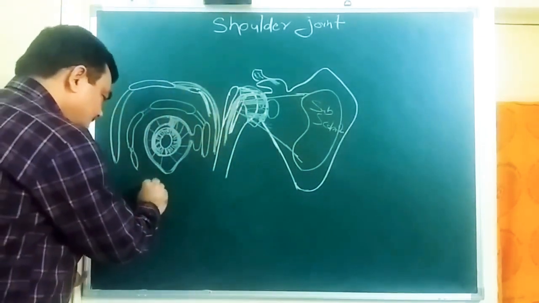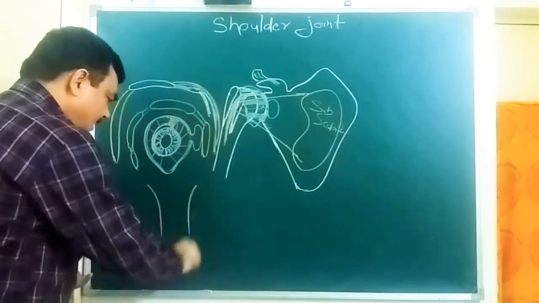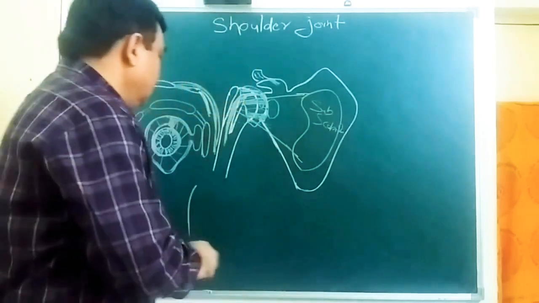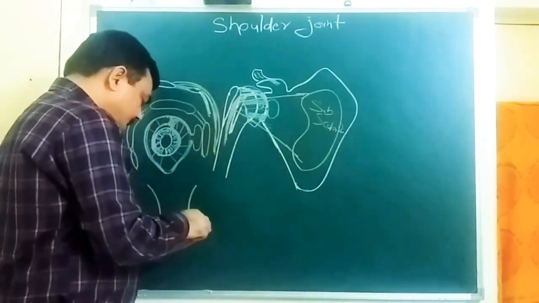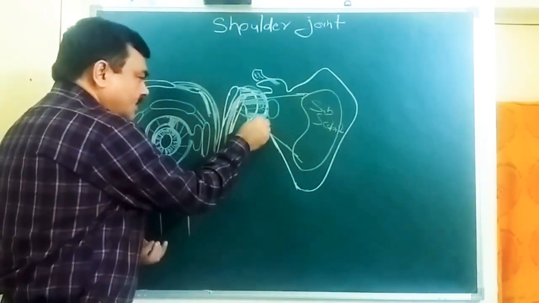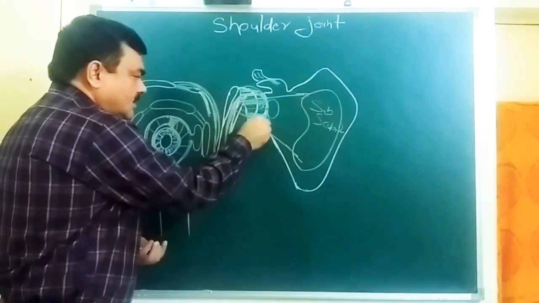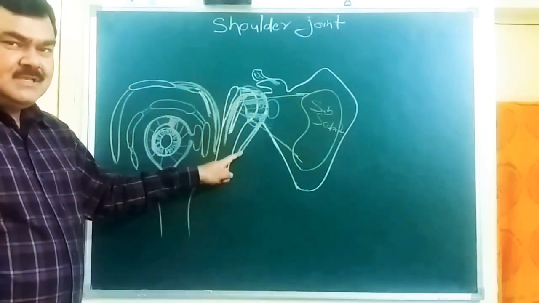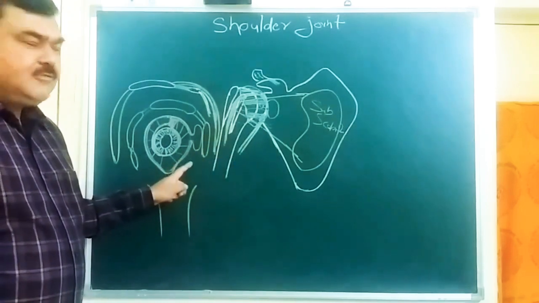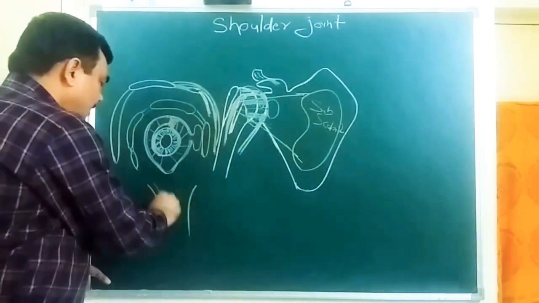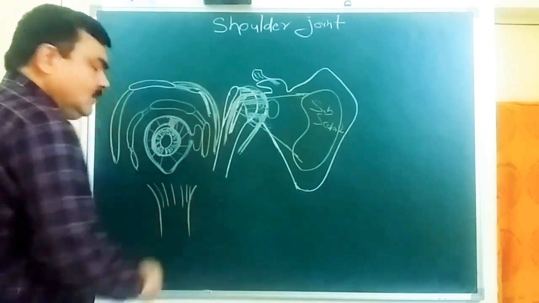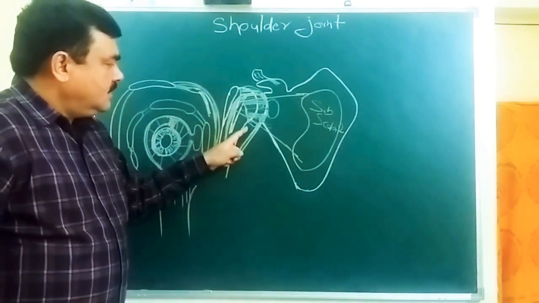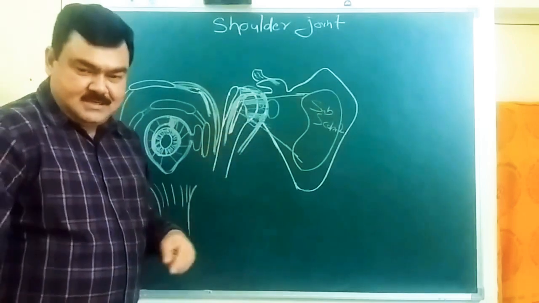Inferiorly, there is another structure which lies in relation in full abduction position. Here is one muscle, that is long head of triceps. This long head of triceps supports this joint from inferior aspect when this is fully abducted.